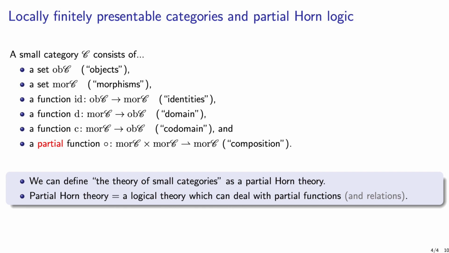We can define the theory of small categories as a partial Horn theory. Then each small category is a model of the theory. Roughly speaking, partial Horn theory is a logical theory which can deal with partial functions.